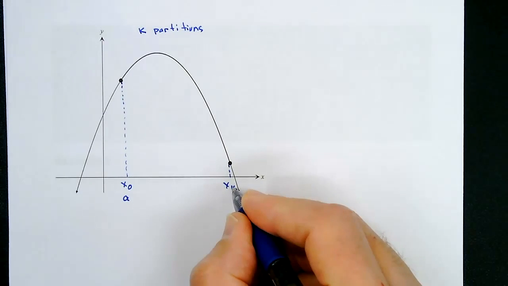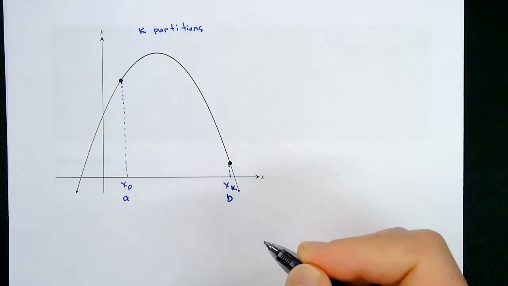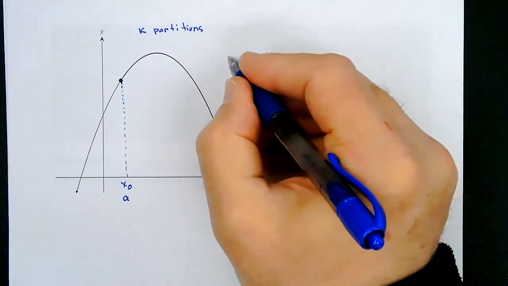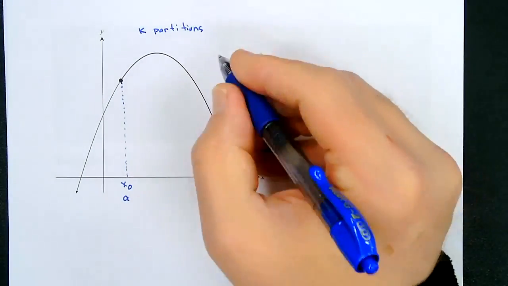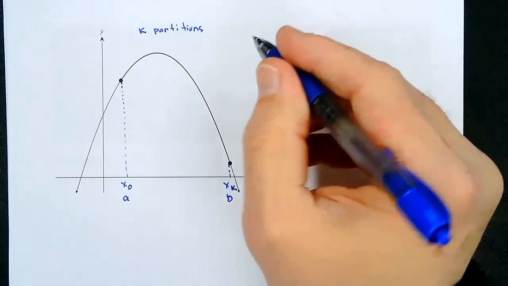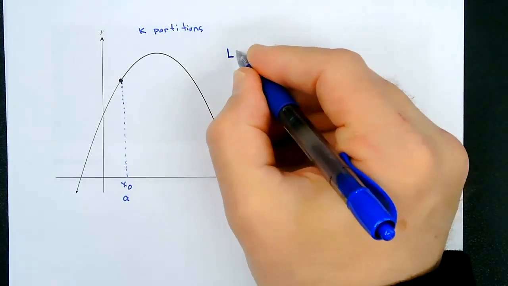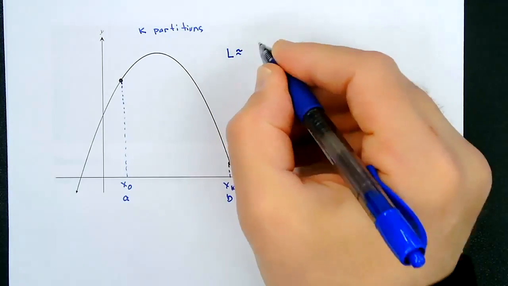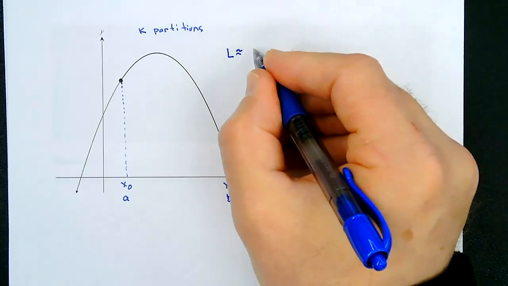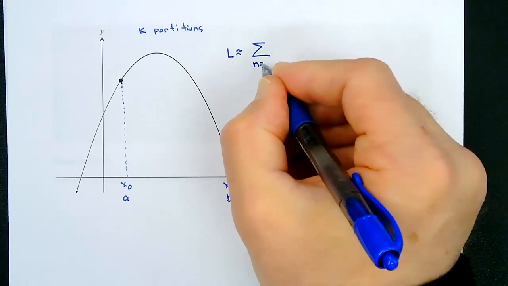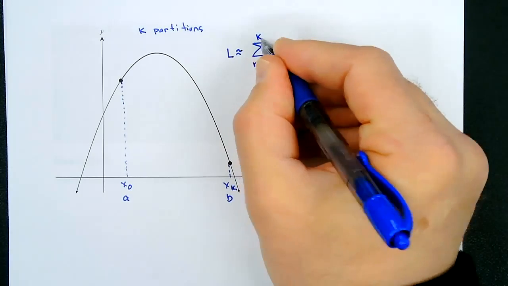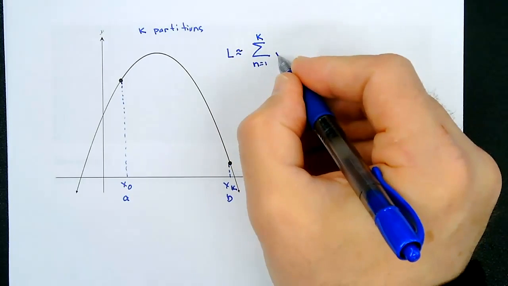And we could also call this n, and this would be our right endpoint B. So to find the length, now I'm not going to draw them because there's going to be a whole bunch in here, but if I wanted to find any of them, what we would do to find the length, this could be approximated by taking sigma of n equals 1 to k, and this would be the formula.